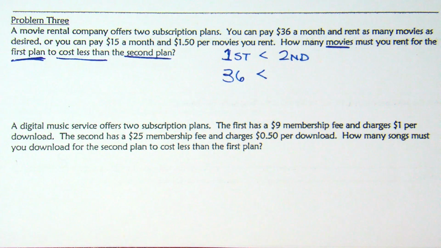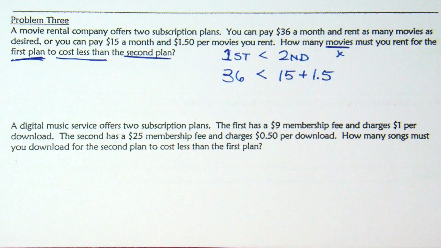And it can be whatever variable. But it's a flat 15 for the month, right? So that's a one-time charge for the month of 15. Plus, it's $1.50 per movie. Whether you pick X, M, A, Z, it doesn't matter. But it's 1.5 times X then. $15 flat out monthly charge, $1.50 per movie.